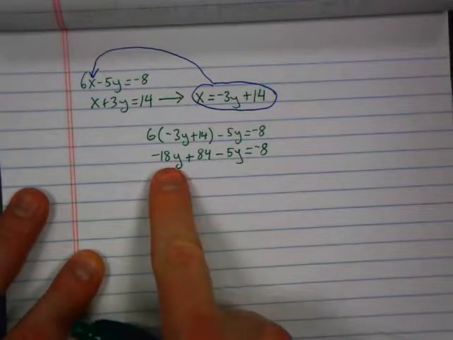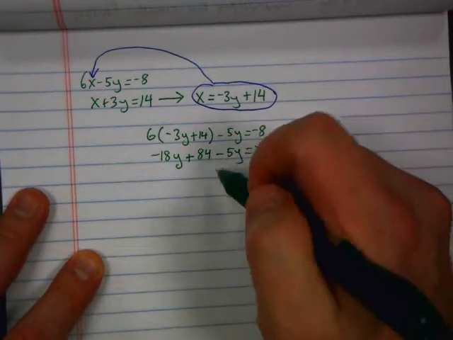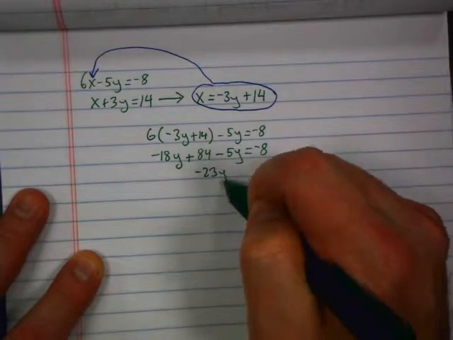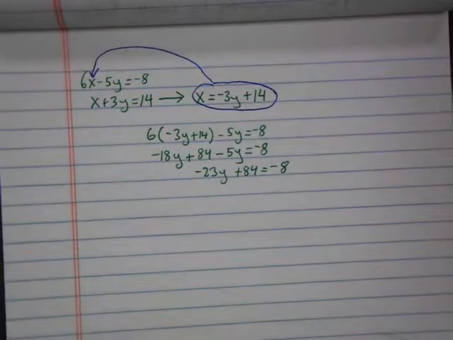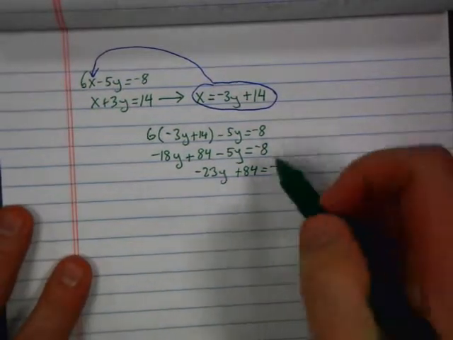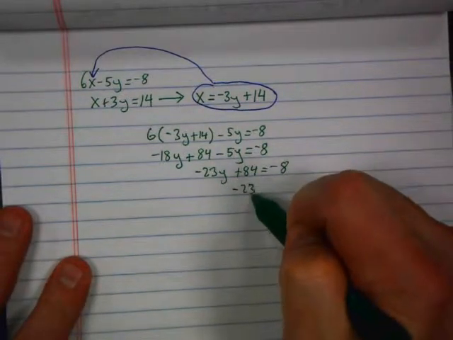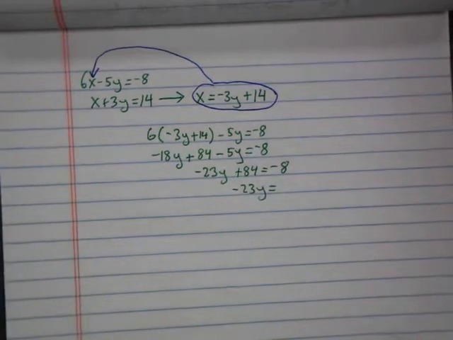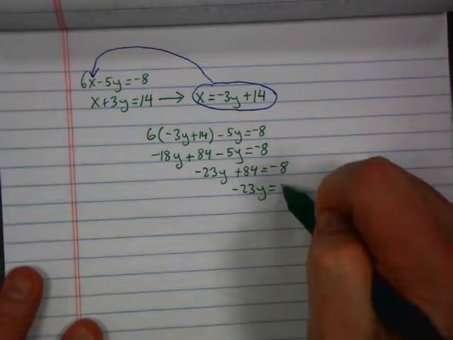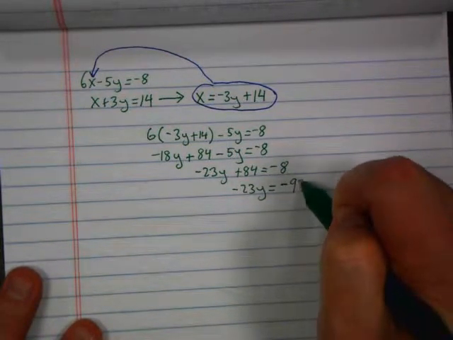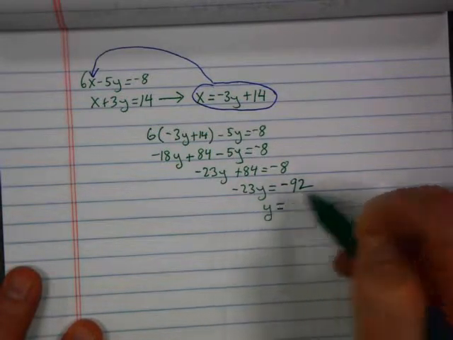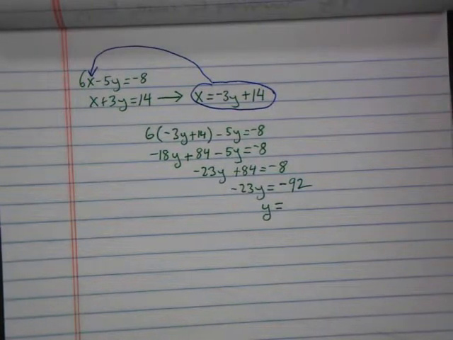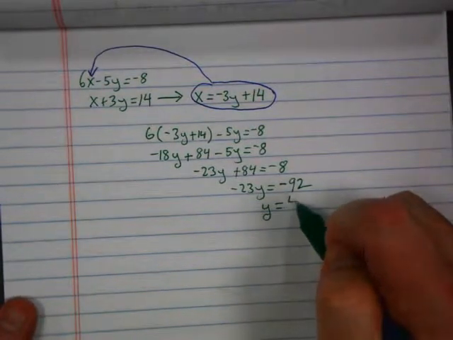Combine my like terms: -18y and -5y is -23y, plus 84 is -8. I subtract 84 on both sides. -23y is -8 minus 84, which is -92. And then finally I divide by the -23. -92 divided by -23 happens to be 4.